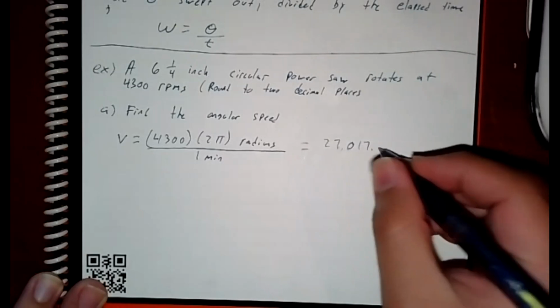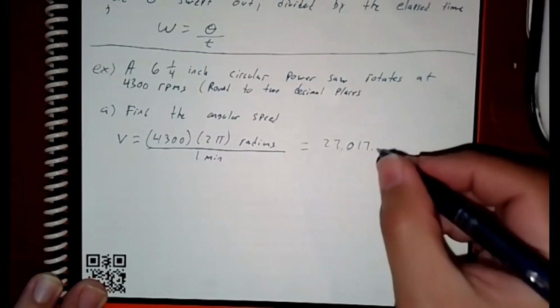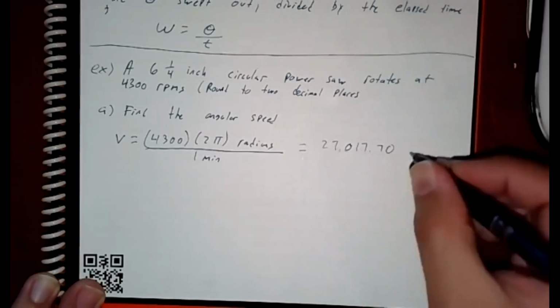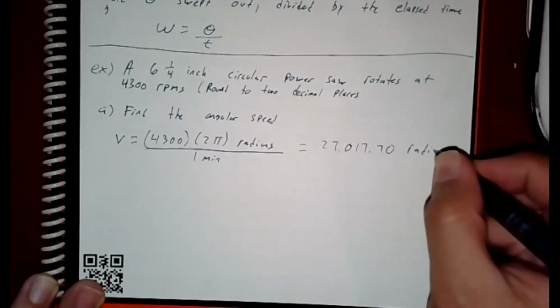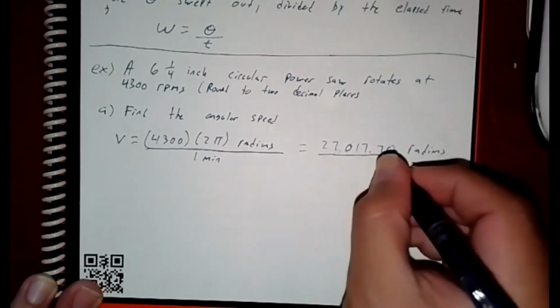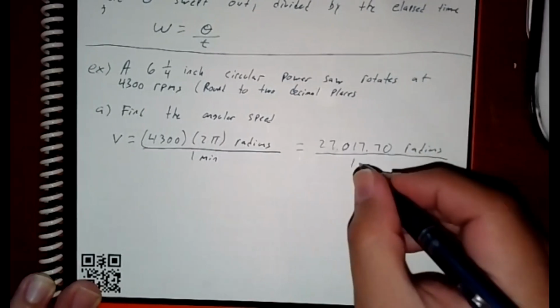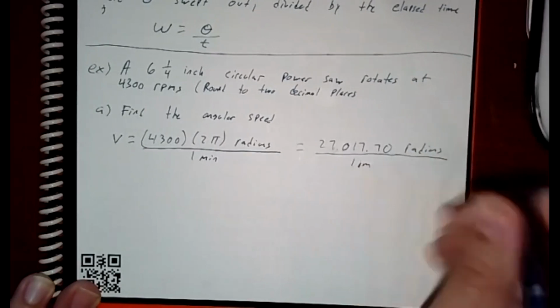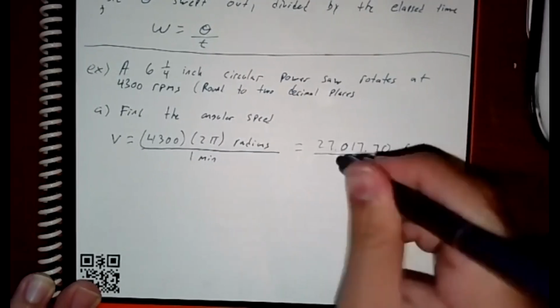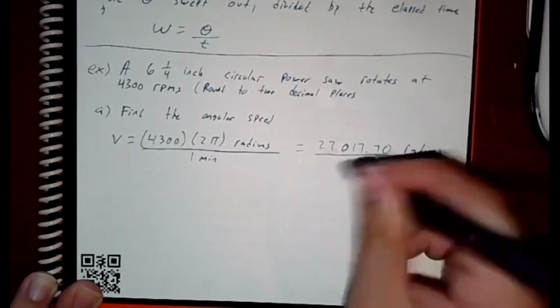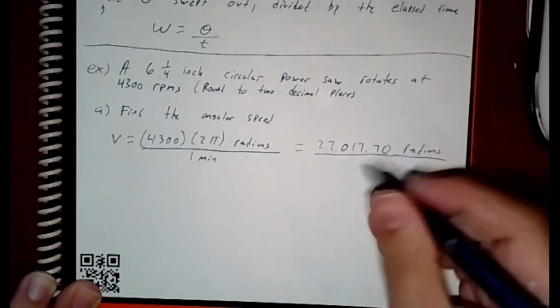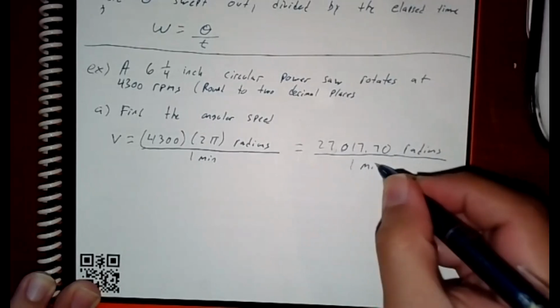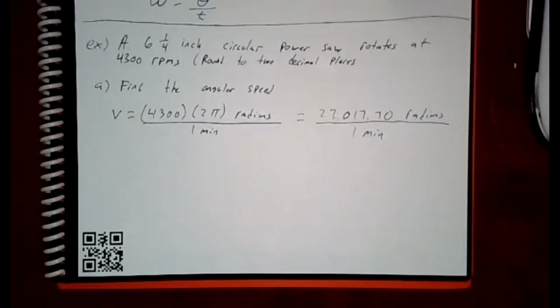To 2 decimal places, so 27,000 radians per minute. So this is part A. Yeah, getting more and more dyslexic as I get tired. I'm sorry. One minute. There we go. Any questions on part A?